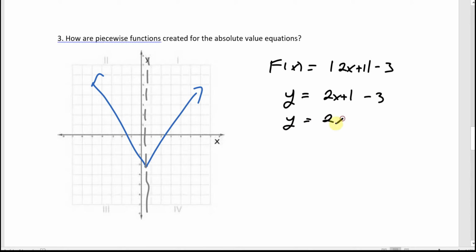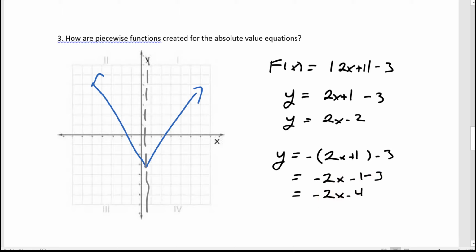So that would be 2x minus 2. Or that part inside the absolute value is a negative, and we would need to change its sign. So that would be a negative 2x minus 1 minus 3, just distributing that negative. So then we get a negative 2x minus 4.